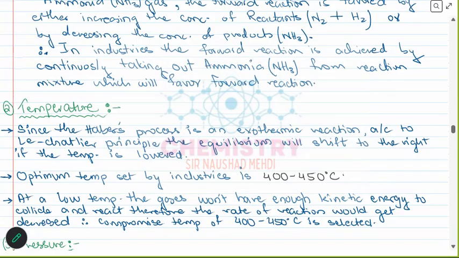Okay, the question is, the optimum temperature which the industry has selected for the Haber process is around 450 degrees Celsius. Now the question is, why have they selected this temperature? Why not 200? Why not 100 degrees? Why not room temperature? What is the problem in further lowering the temperature?